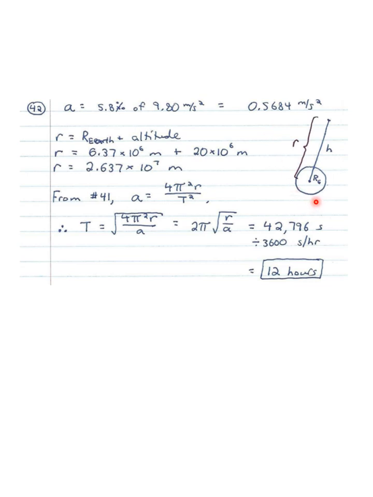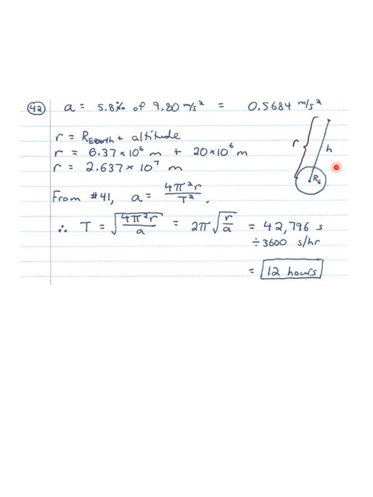Here I've drawn a little picture. There's the Earth. We have the radius of the Earth and the height. Now, in question 42, it says they are at altitudes of 20,000 kilometers. Altitude is my h that I've drawn there. That's not the radius of their orbit. That is the altitude or the height above the surface of the Earth.